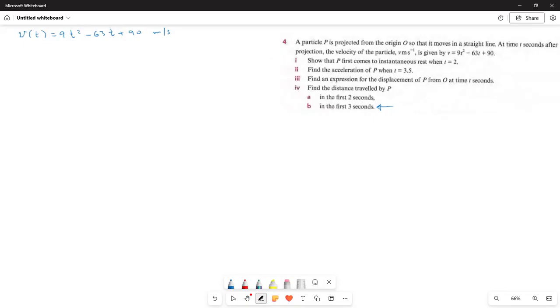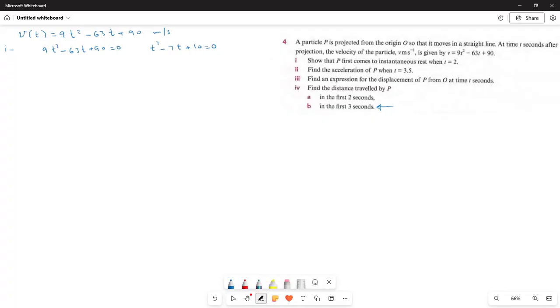Now the first part says show that P first comes to instantaneous rest when t is 2. Instantaneous rest means the speed is 0. So when the speed is 0, 9t squared minus 63t plus 90 will be 0. If I divide everything by 9, I get t squared minus 7t plus 10 equal to 0.